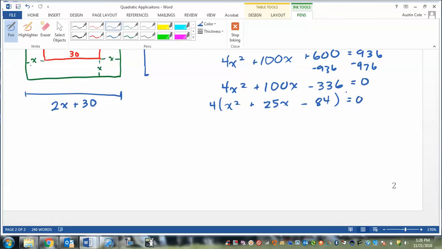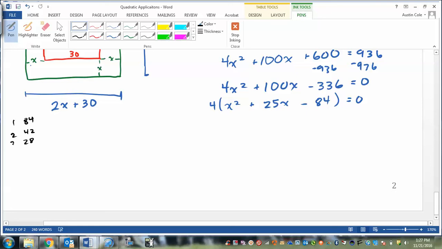Now I'm trying to find factors of 84 that add up to 25. So I'm going to have 1 and 84, 2 and 42, 3 and 28.